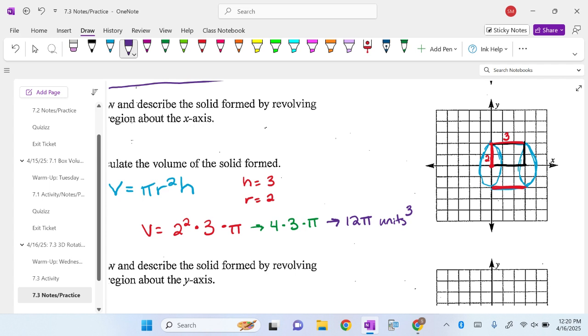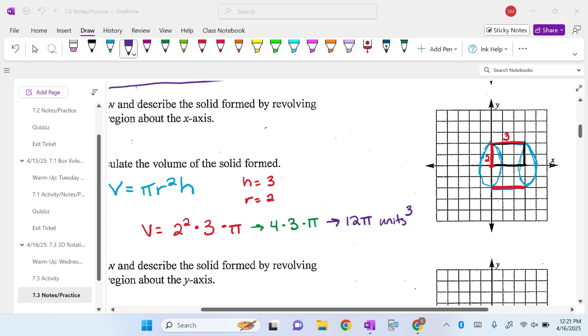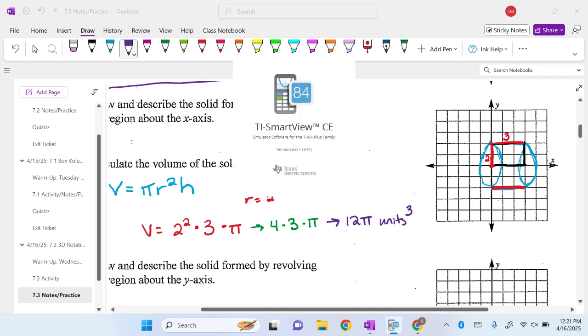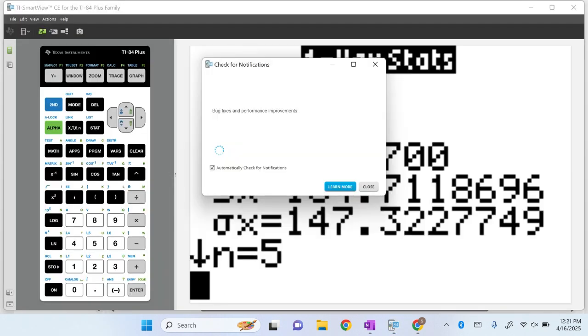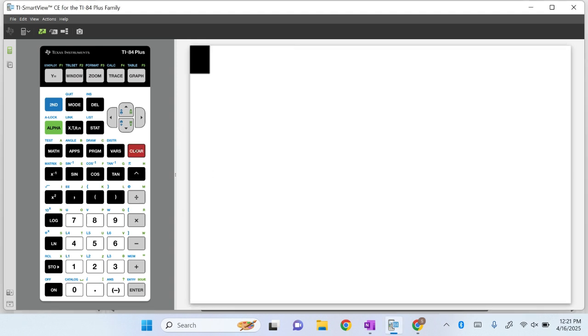All right. Now, if we want an approximate answer, we can put it into our calculator and we're going to use the pi key for pi. So remember, we don't use 3.14 anymore because your calculator has the pi key. All you do is hit second and then the little caret key to get an exponent, and it'll input exactly pi.